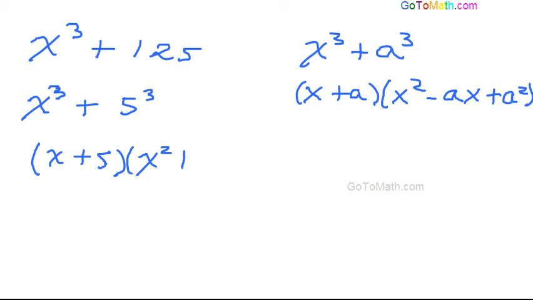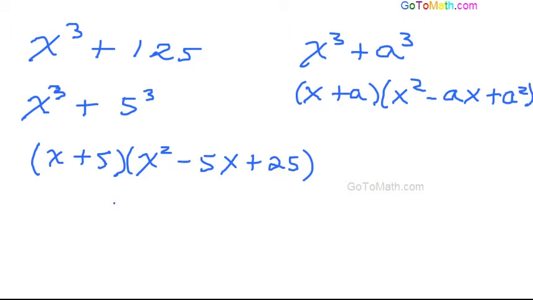Whoops, I about did it again. Did you catch that? So this is minus 5x, and then plus, this is always a plus, and then we square that number. There you go. Okay? And you shouldn't be able to factor that.